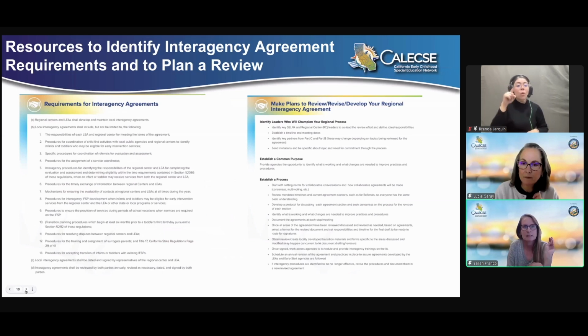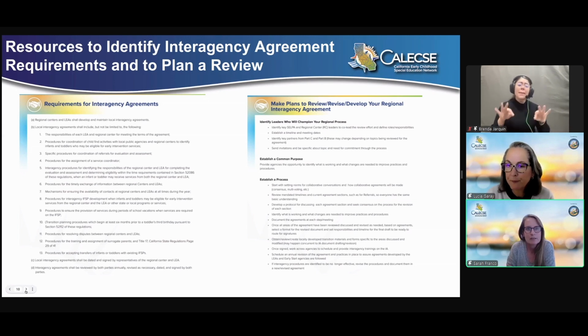Next slide, please. So really the resources needed to identify the requirements for an interagency agreement. This is a long list of basic questions, but it really helps you outline the responsibilities of each LEA and regional center, the processes for coordinating, the procedures for the assignments of service coordinators. This is really important, especially when we're trying to identify who is referring to whom.